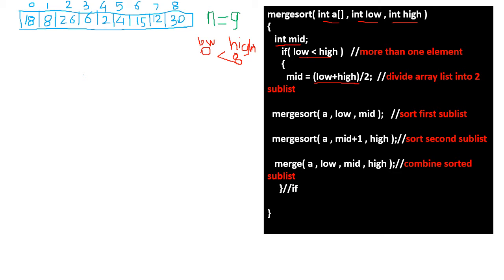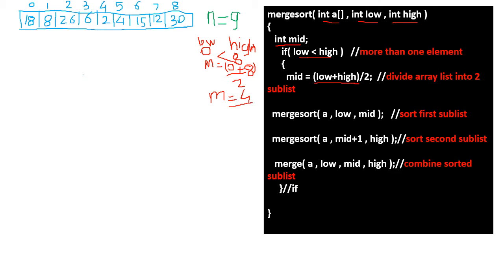That's why we perform the next step, that is find the mid. For this we apply the formula (low + high) / 2, that is (0 + 8) / 2, so m equals 4. This means we get our midpoint at index 4.